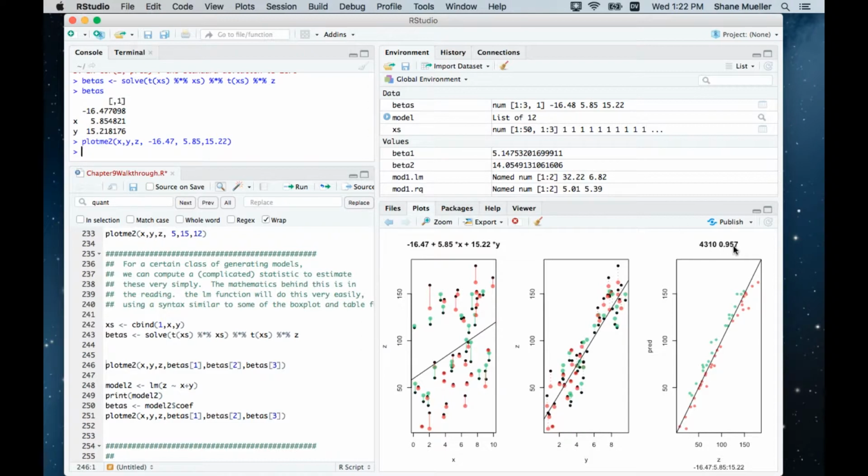So here the r-squared goes up a little bit from 0.955 to 0.957. So even though the true model does pretty well, there's another model that's not true that does even better.